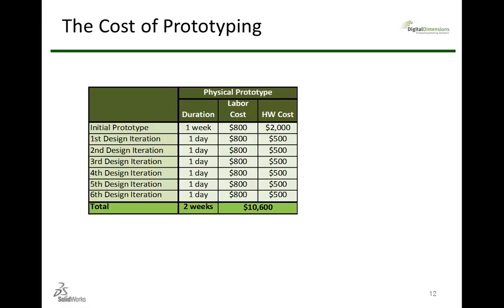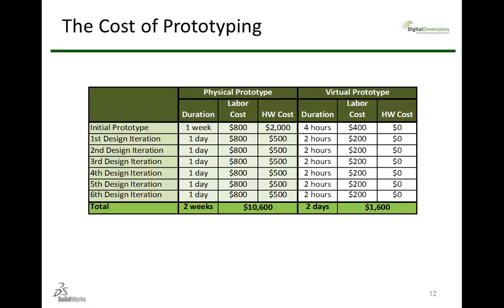With simulation software, you can actually create virtual prototypes. And with virtual prototypes, you don't have to wait for any machining time. You can actually test your solid models directly on the computer. So your initial prototype and the initial setup may take about 4 hours. Labor cost is going to be about $400. It doesn't cost you any hardware costs.